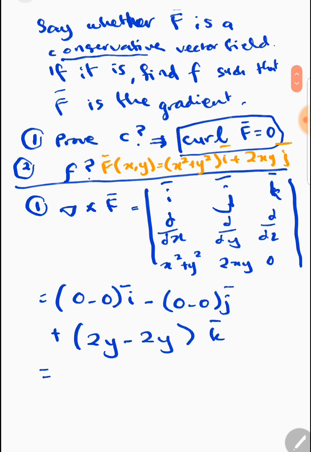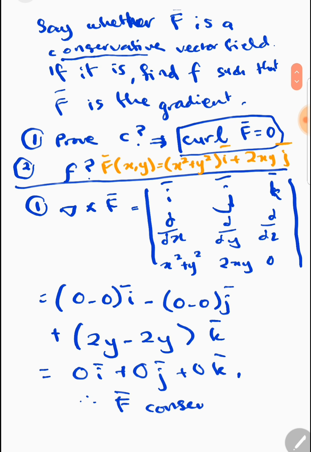The most important thing is to prove that it's a conservative vector field, and that is done by showing the curl of F equals 0. Over here you can see everything is in the form of 0i, 0j, and 0k. Therefore F bar is conservative.